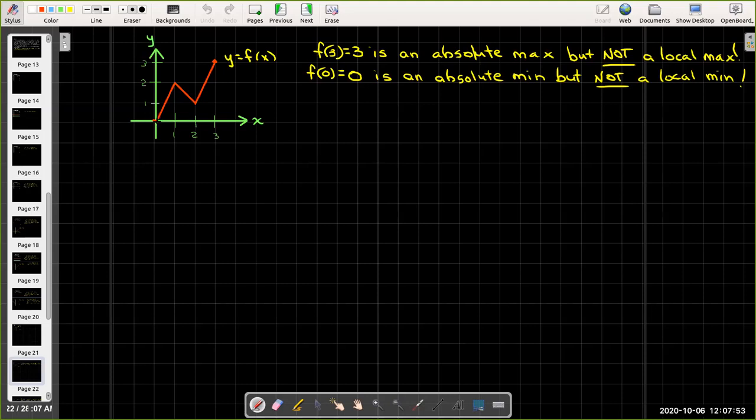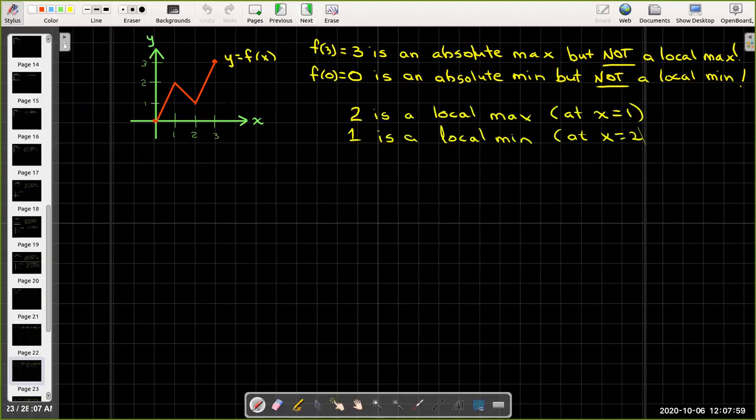And f of 0 is an absolute min, but it's not a local min. Here at x equals 1, f of 1 equals 2 is a local max. And at x equals 2, f of 2, which equals 1, is a local min.